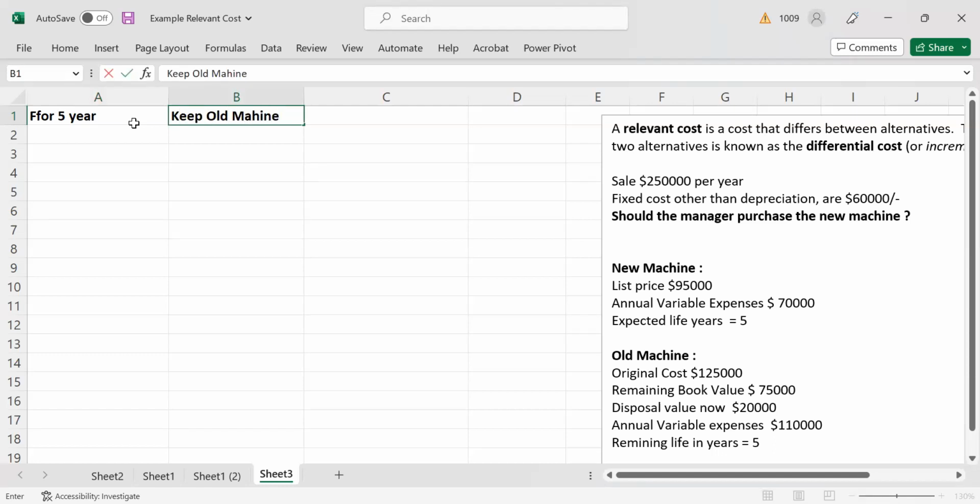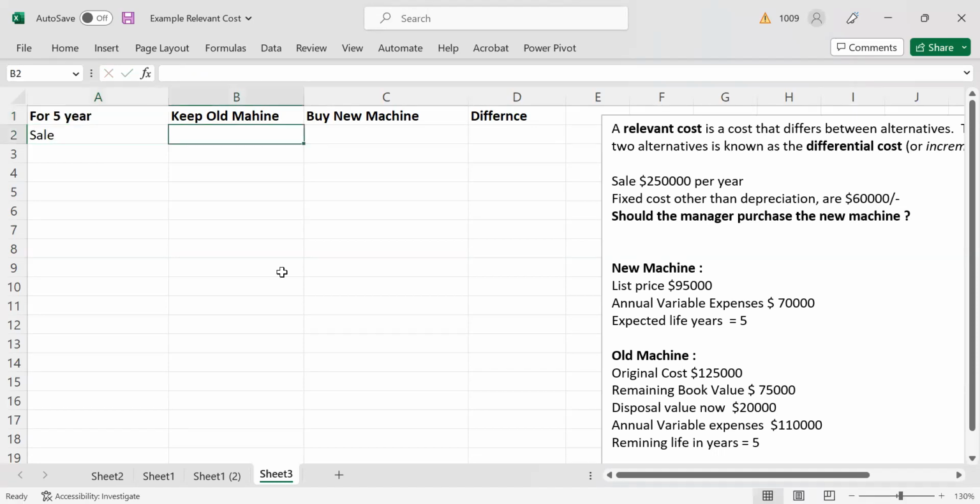I have made one column, then buy new machine, and the difference between these two. For the 5 years, I'm going to calculate how much profit we will have if we keep the old machine.